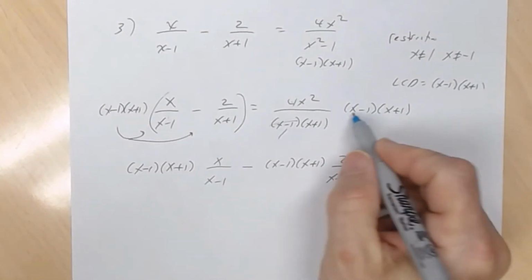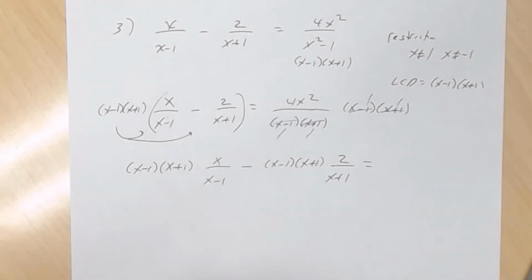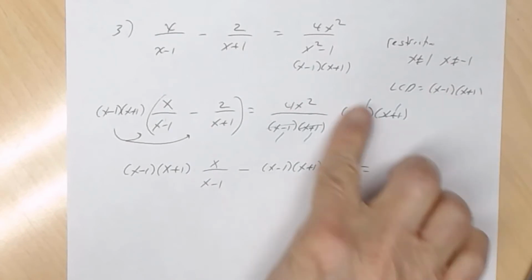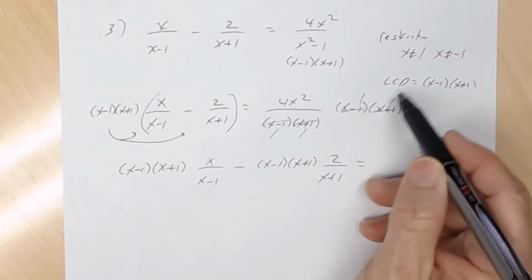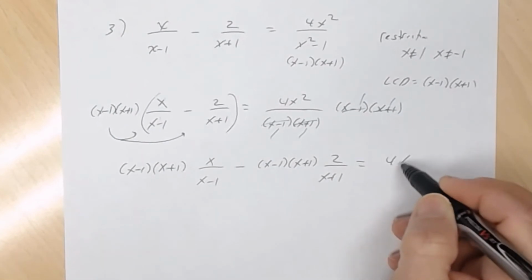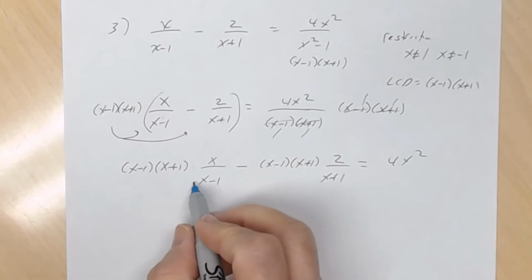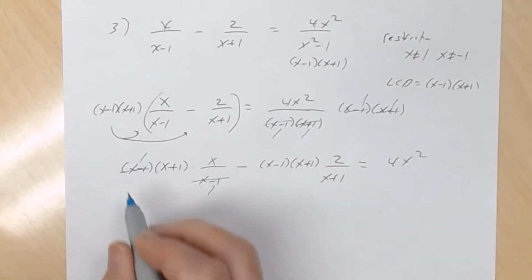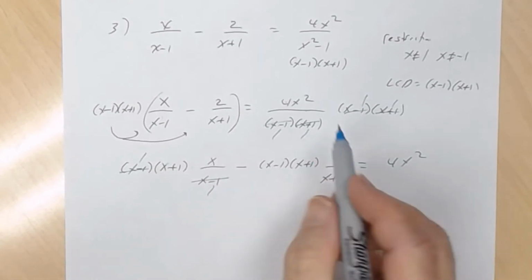So that's x minus 1 divided by x minus 1 is 1, x plus 1 divided by x plus 1 is 1, and so notice all you're left with is 4x squared. That's all you're left with because 4x squared times 1 is 4x squared. And now at this point I'm going to reduce what I can here, so x minus 1 divided by x minus 1 is 1. Remember the whole point of multiplying by the LCD is to make this a 1, right? Same thing here.